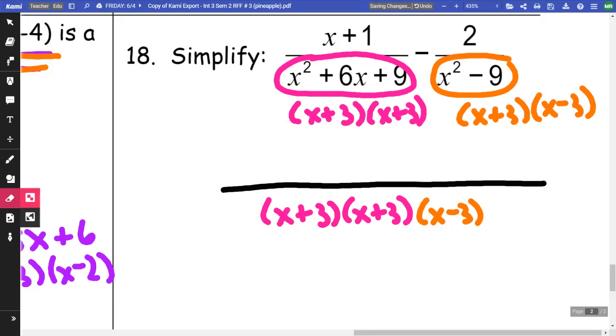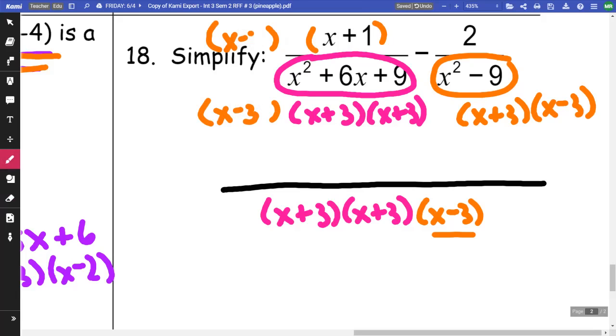So what do I do to get that as a common denominator? I am going to be multiplying top and bottom of this one by the one it does not have, which is this one here. So by x minus 3, x minus 3. So let me just write this out. I am going to have x minus 3 times x plus 1, and I'll do that math here in a second.